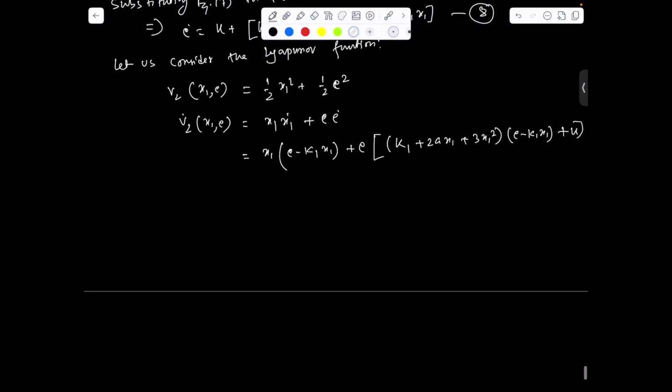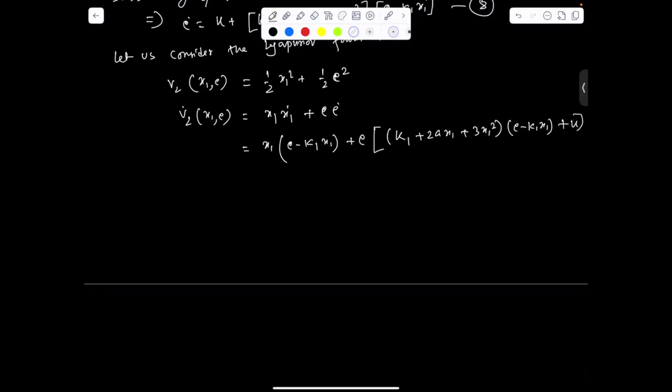And from this, we can write minus k1 x1 square plus, we can take this term x1 e inside this bracket.